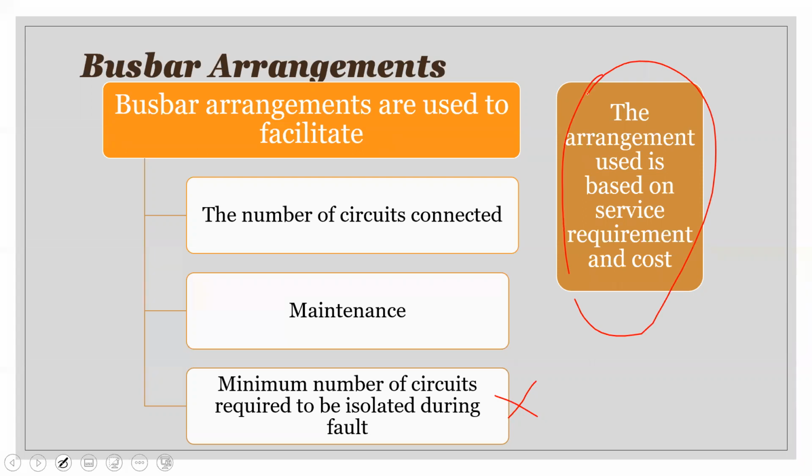What is it that you're really serving? Who are you serving? And then, is it worth it? What's the cost of providing this service? So what you use will be based on, one, the service requirement, who you're serving, and two, what it will cost to provide that service.